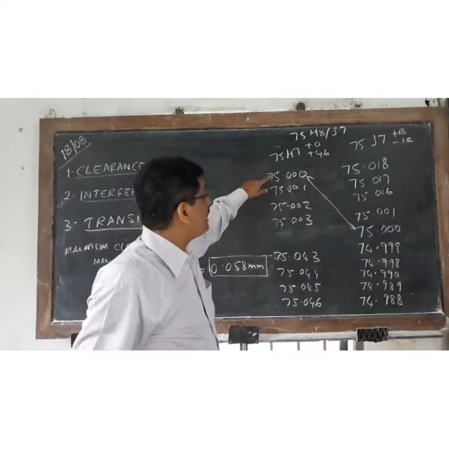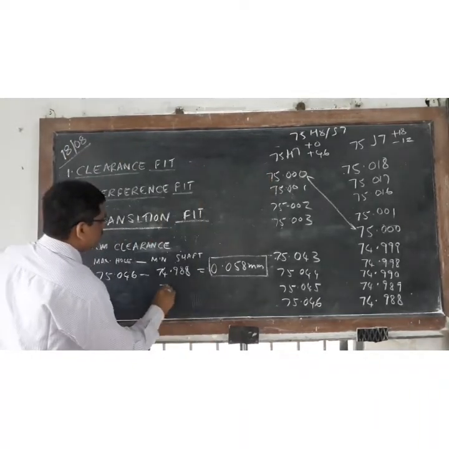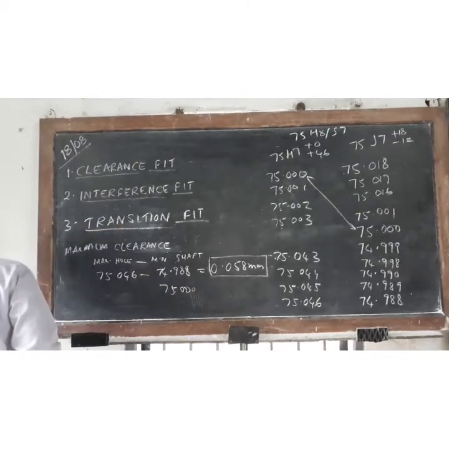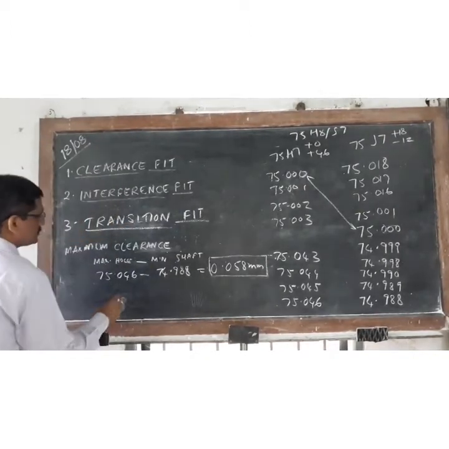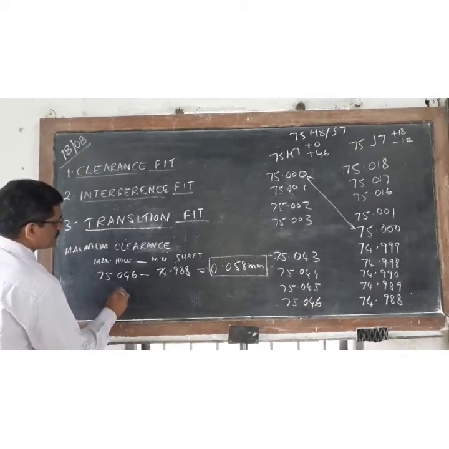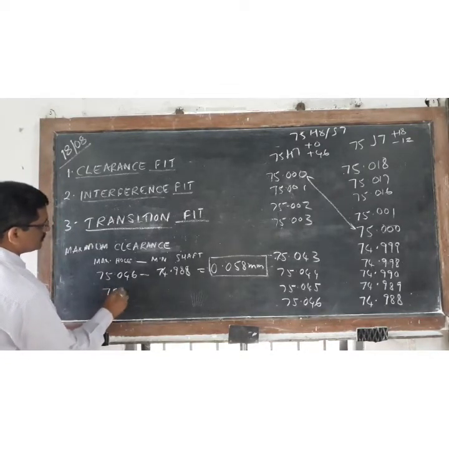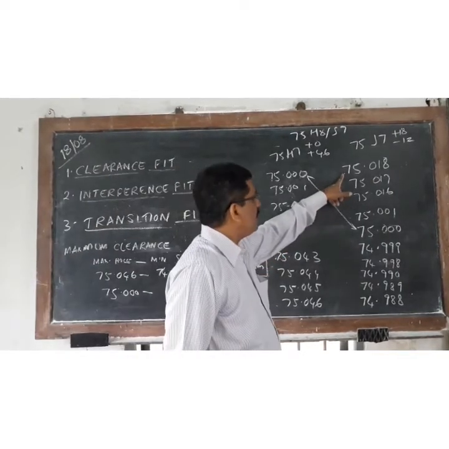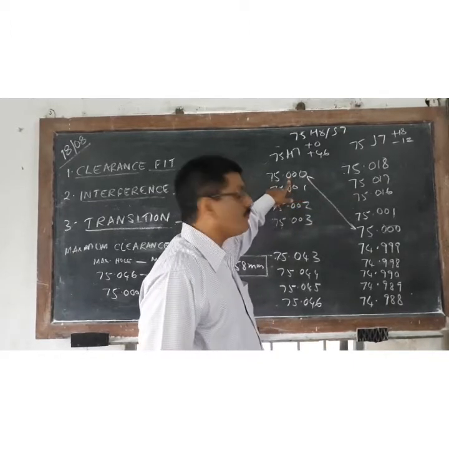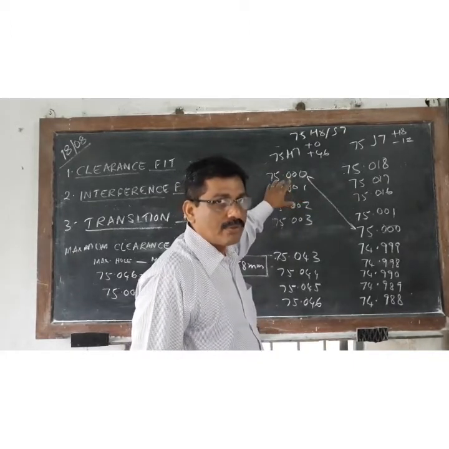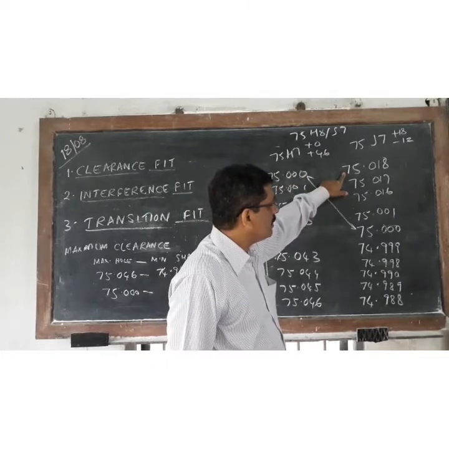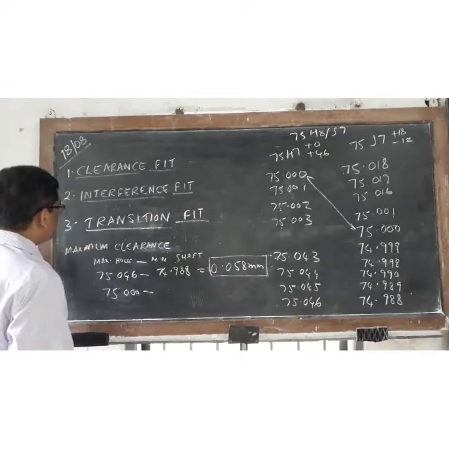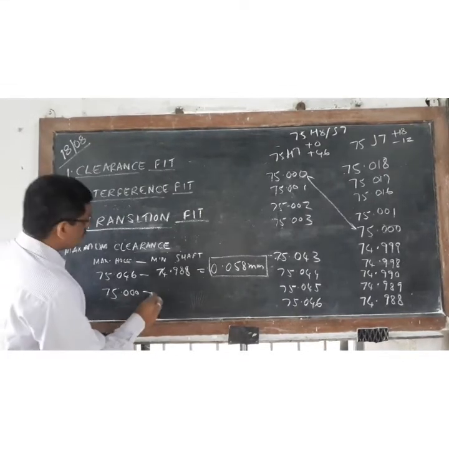It is the minimum of hole, 75, then maximum of shaft, 75.018.